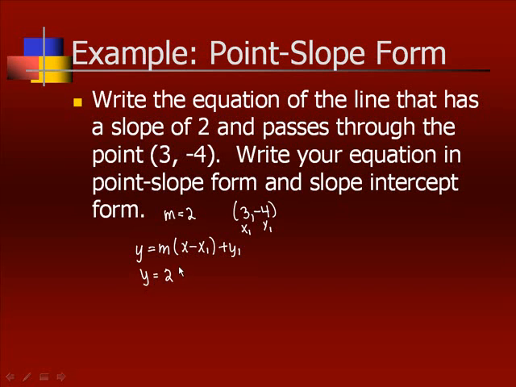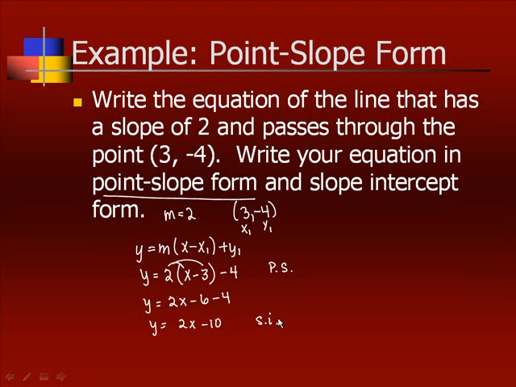So y equals, slope is now 2, times x minus the x value, which is 3, plus the y value, which is -4. This is point-slope form. So when they ask you to write it in point-slope form, this is what they're wanting. Slope-intercept form means let's go ahead and get it in y equals form. So distributing the 2, we get 2x minus 6 minus 4, or we get 2x minus 10. This is your slope-intercept form.